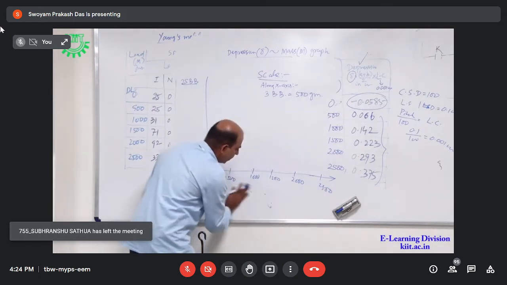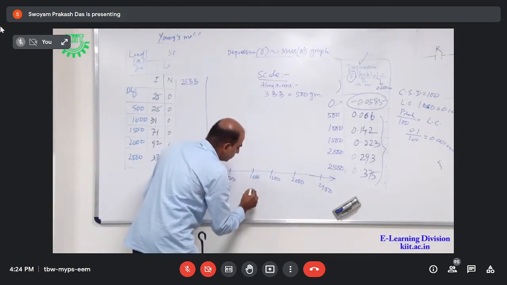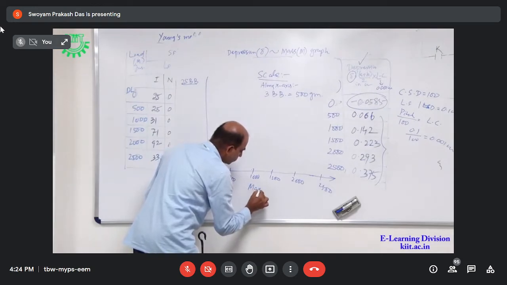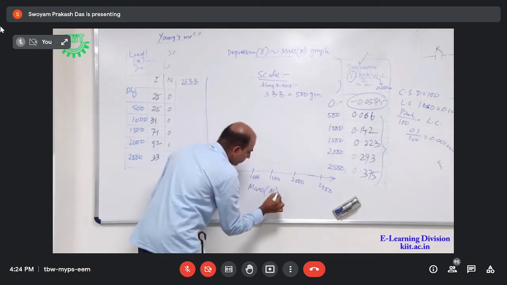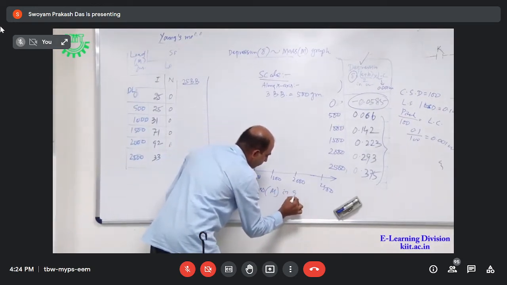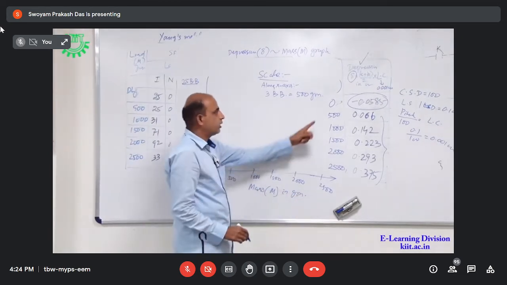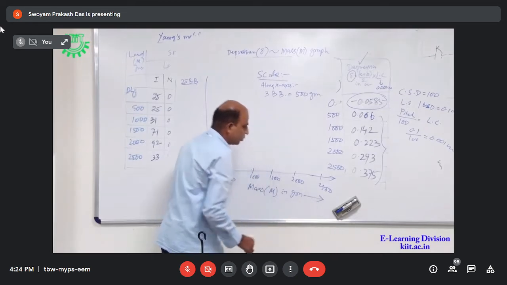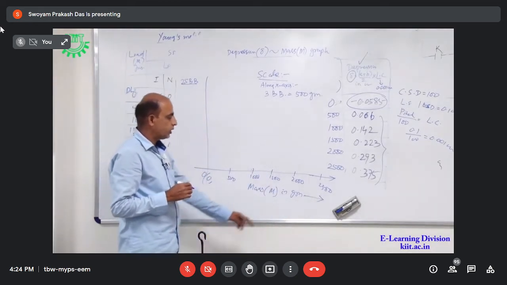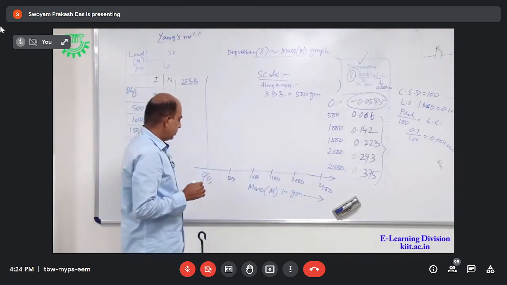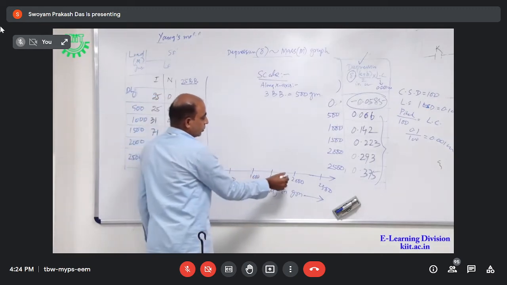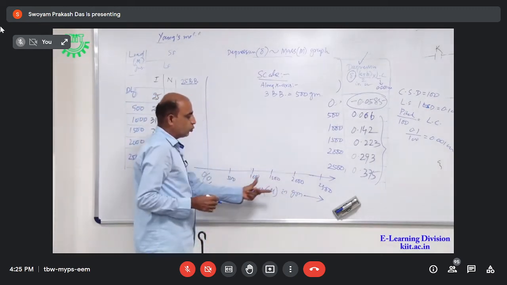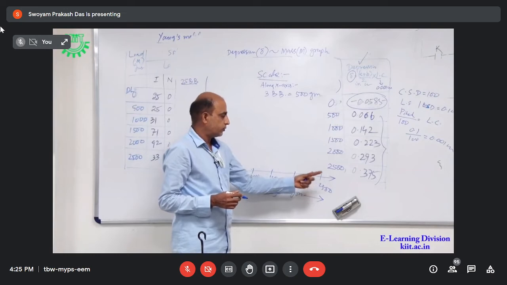And we will mention the x-axis, that is mass M in gram, because we have taken these loads in gram. That is to be mentioned along the x-axis by giving an arrow mark. So if we take like this, then the whole x-axis can be covered.